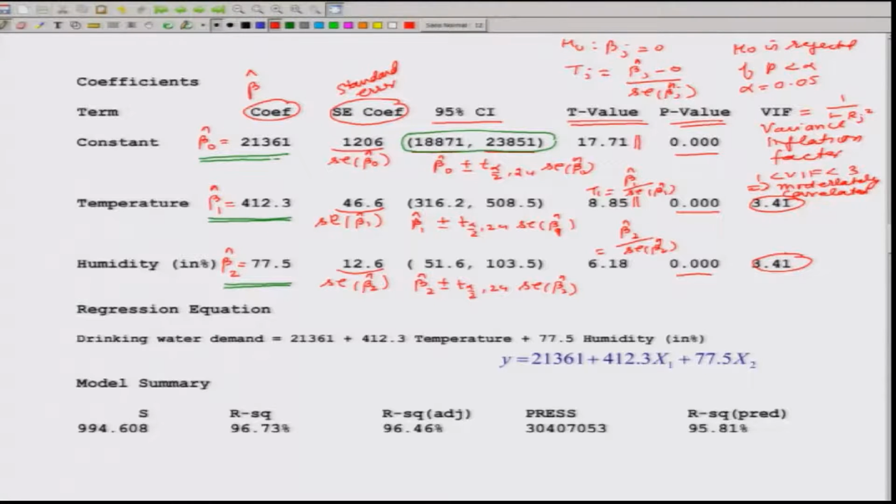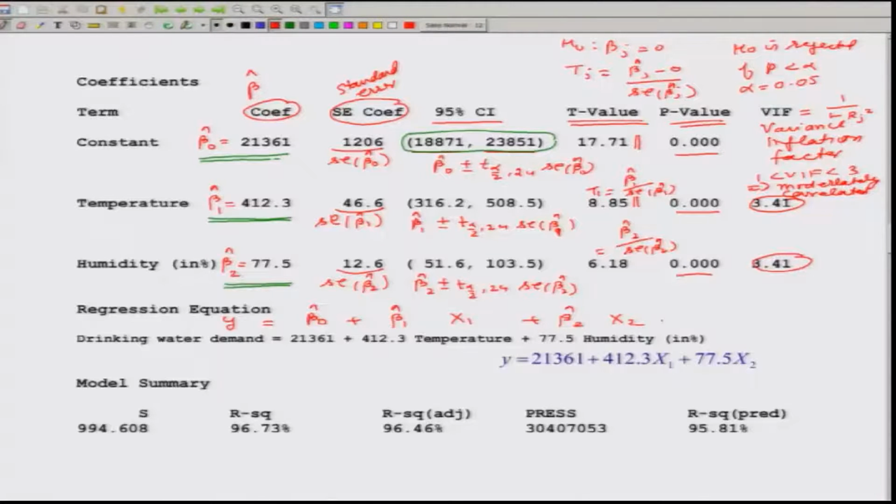Now, based on this regression coefficients outcome, we can now formulate our fitted regression model as y is equal to this value of beta 0 hat plus this value of beta 1 hat times x1 plus beta 2 hat times x2. Right, okay.